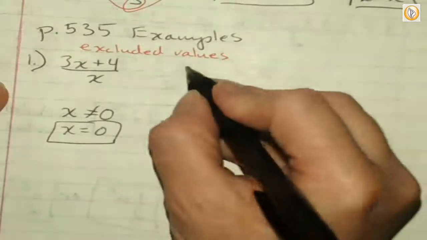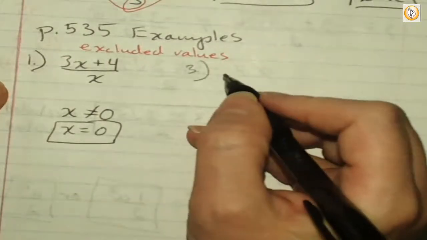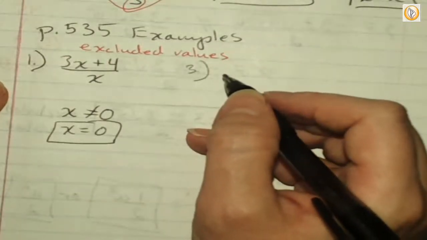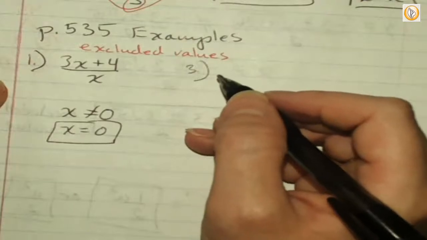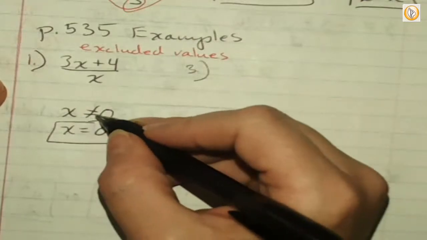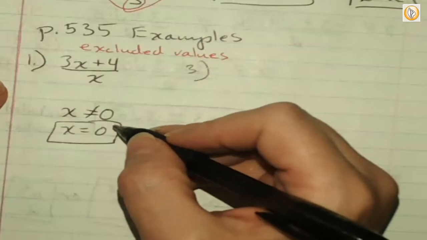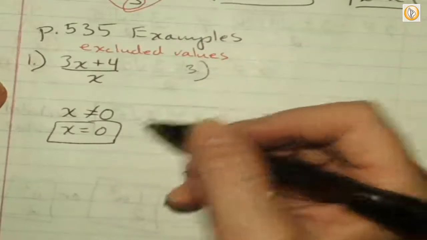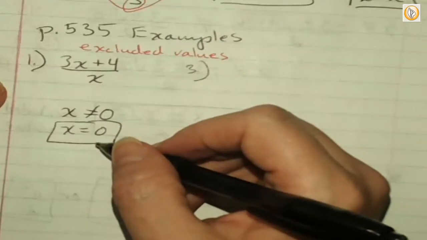Exactly. So here's my question. Franz, why do you change the sign? Because x cannot equal... So why don't you just box that? It's the same thing though. It's saying the same thing.